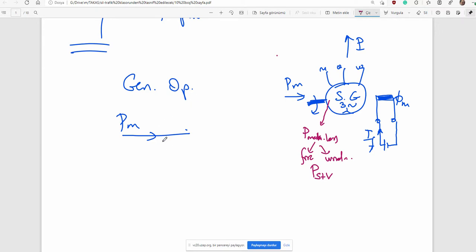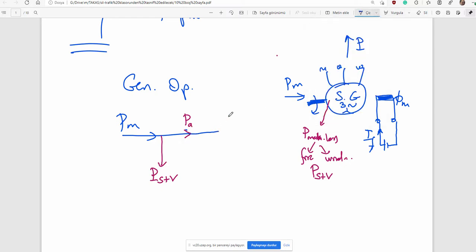After losing or dissipating a little in mechanical losses, the rest of the power will be converted into electric power in the armature.